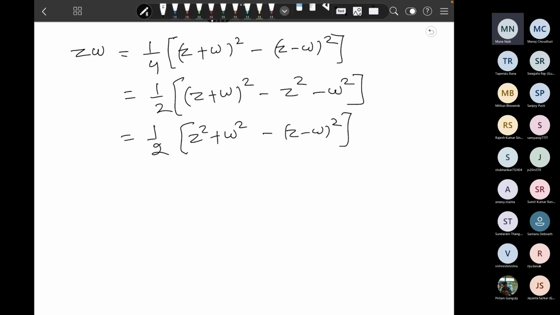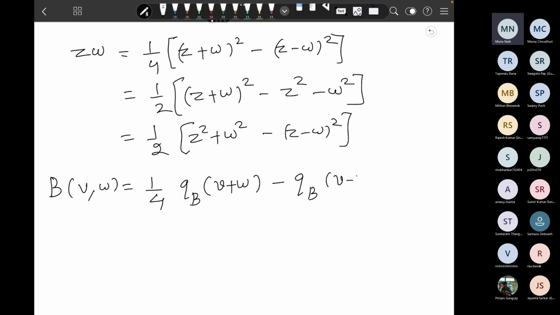From this you can write the polarization identity. Thus B of v, w is 1/4 times Q_B of v plus w minus Q_B of v minus w.